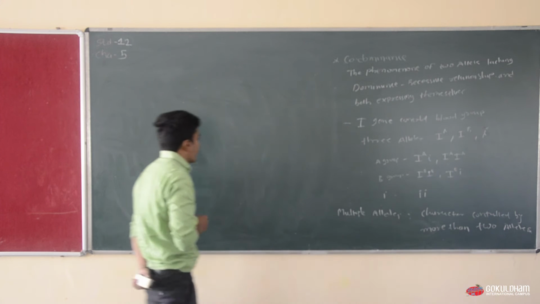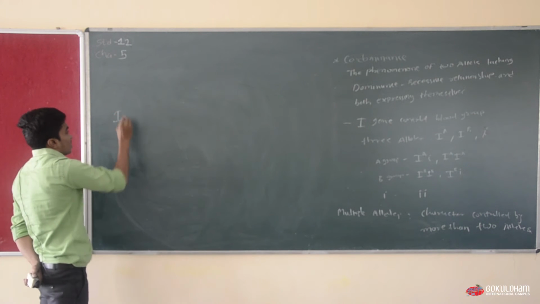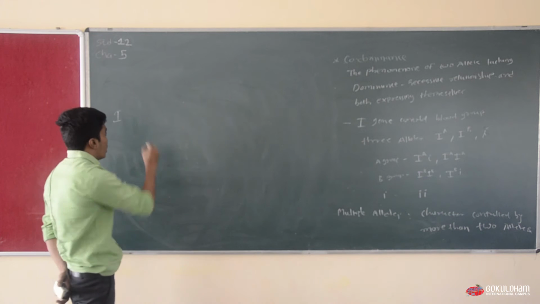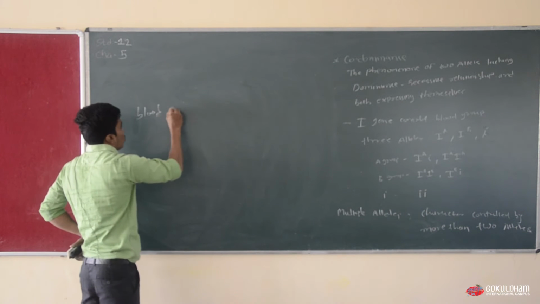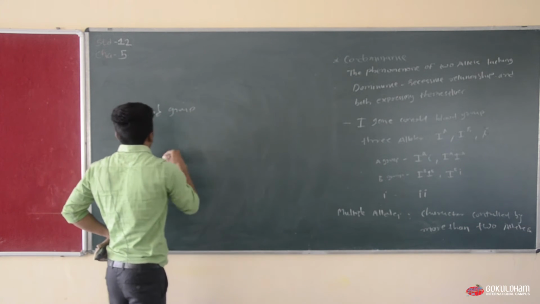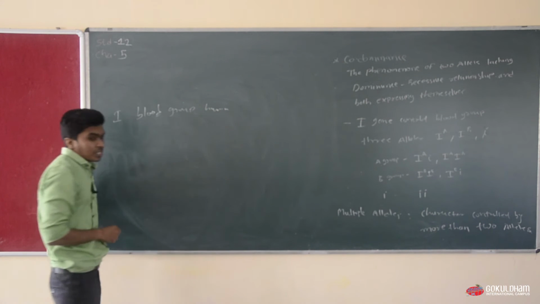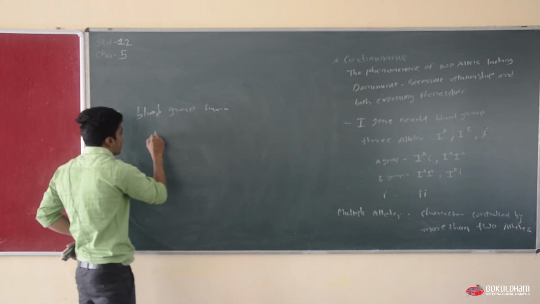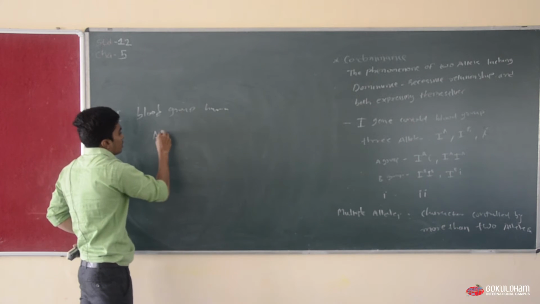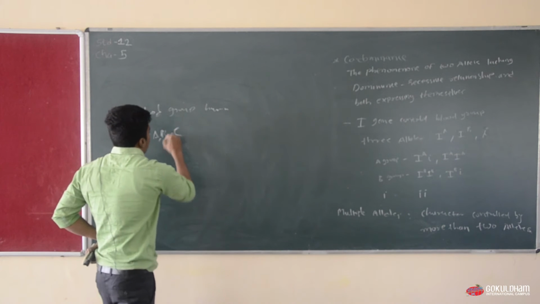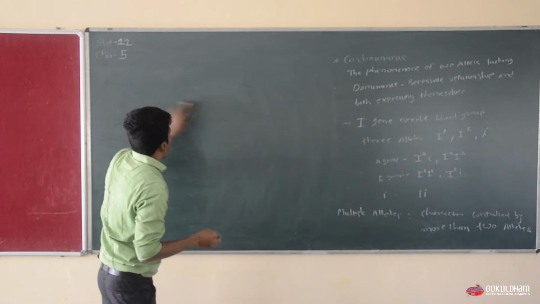For example, let's see here. The I gene is responsible for blood group in human. Okay, there are three types of blood group: A, B and C. No, there are four types of blood groups.